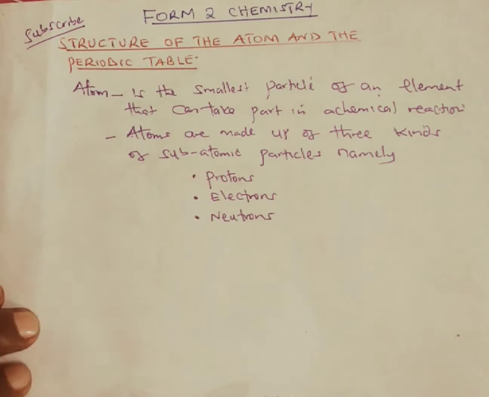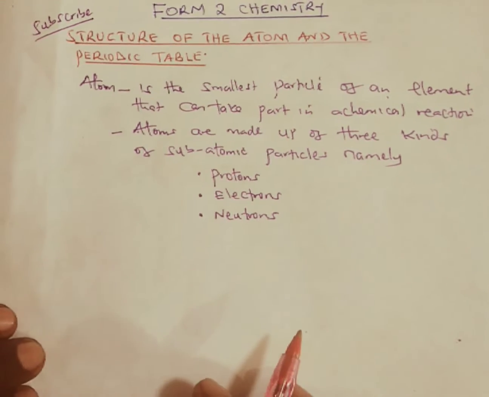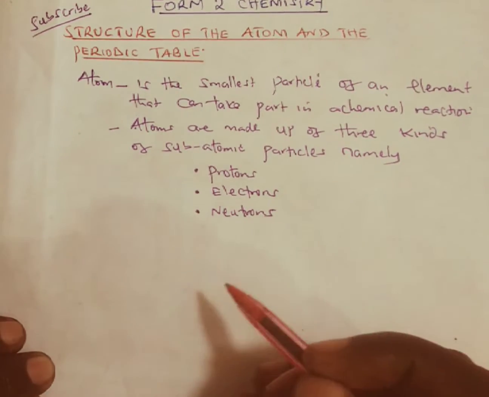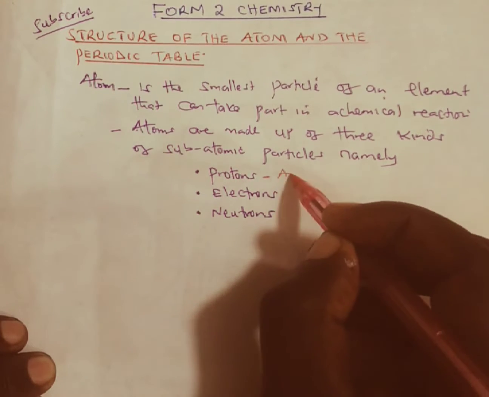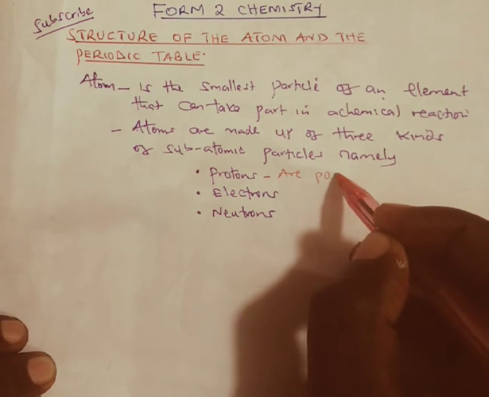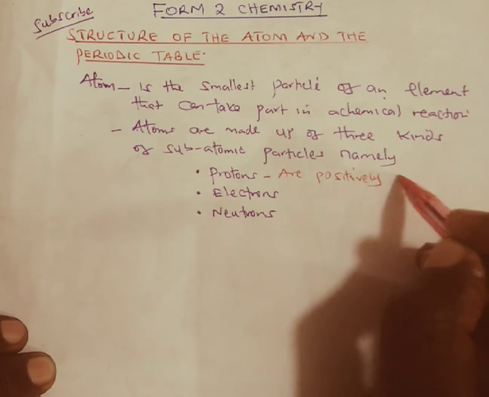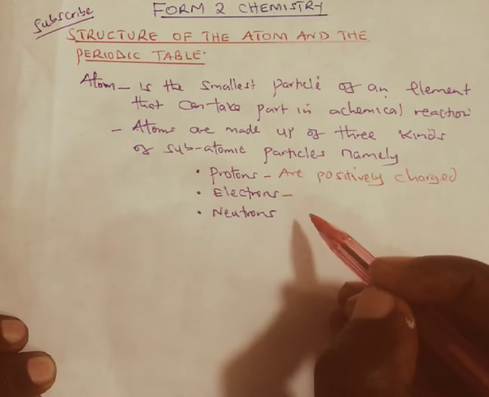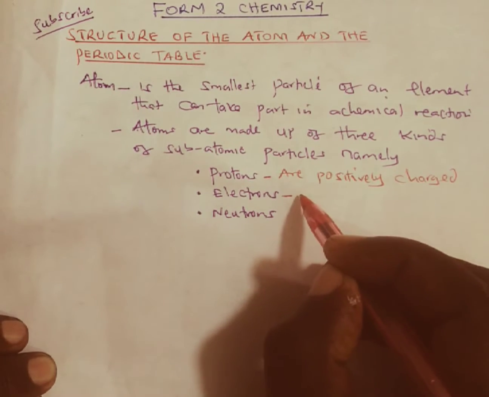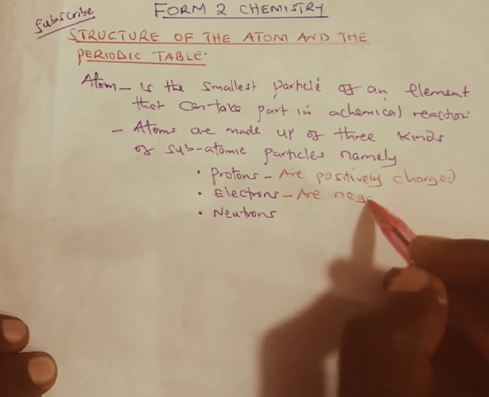These three subatomic particles have their own characteristics. Protons are always known to carry positive charges, and because of that we say they are positively charged. Electrons are known to carry negative charges, and because of that we say electrons are negatively charged.